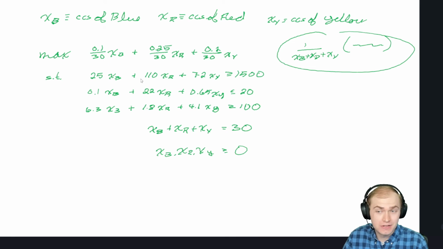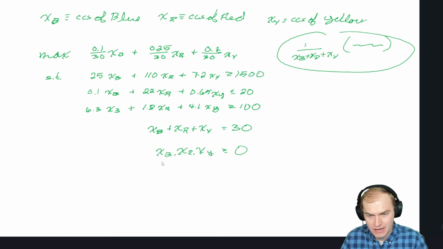I'm not sure if this is really feasible, but it could be that you could crank up your amount of XB, which has a lot of deliciousness, and have a negative somewhere else to compensate for the amount of fat that's in XB. So here, our domain restriction is very important.